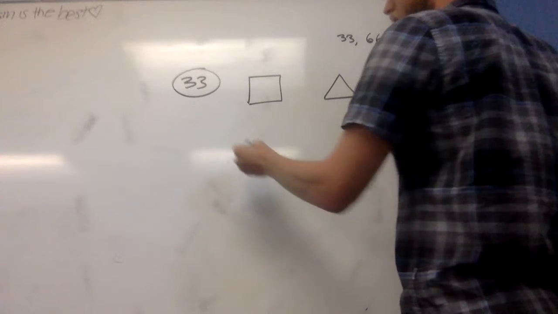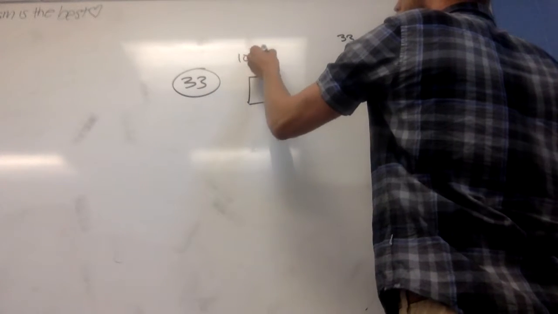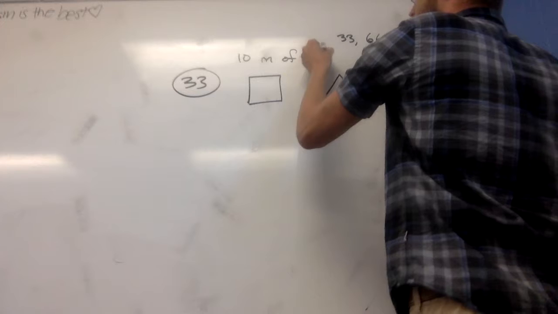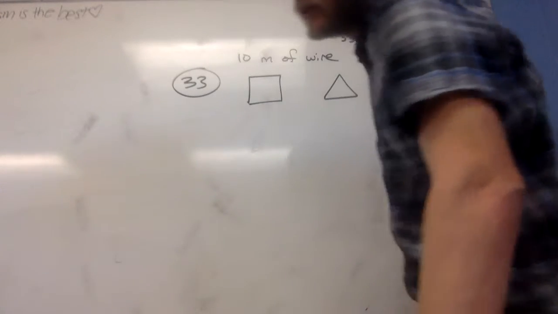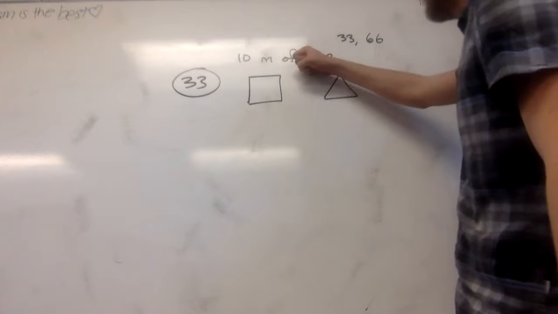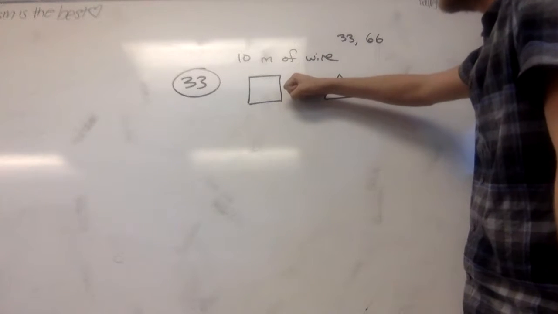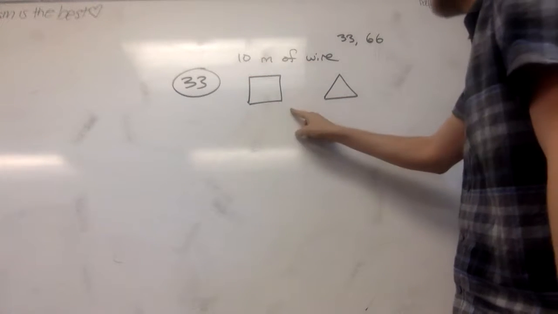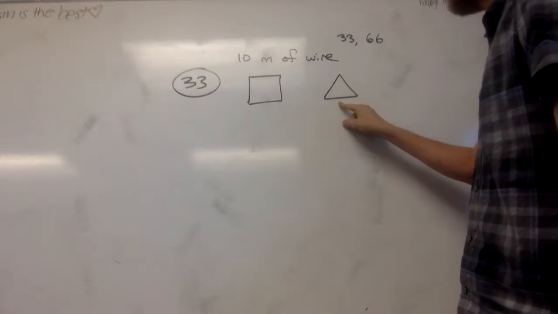And we started with 10 meters of wire. How should the wire be cut so that the total area enclosed is A, a maximum, B, a minimum? So in other words, we're going to take that wire, allocate some wire to become a square when you bend it, and some wire to become an equilateral triangle.